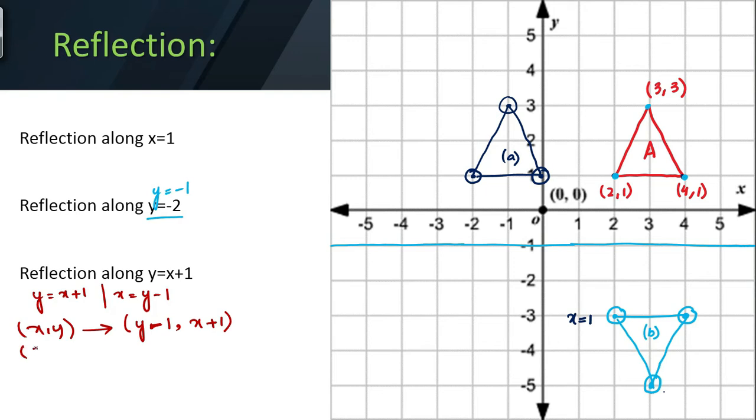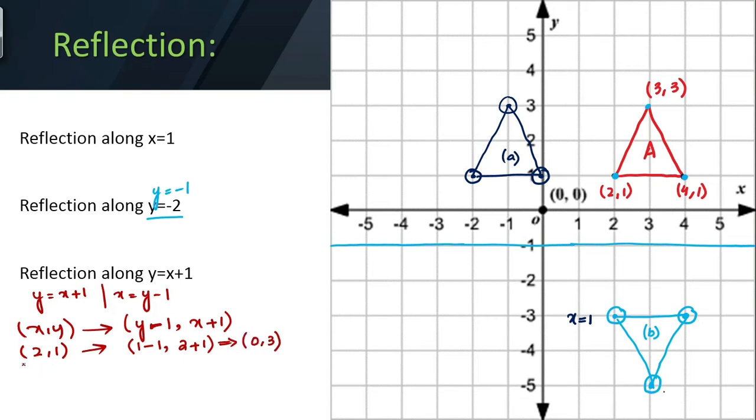If we have the coordinate 2, 1, the value of x is 2 and the value of y is 1. If we substitute these values here, 1 minus 1 and 2 plus 1, this one is 0 and 3.